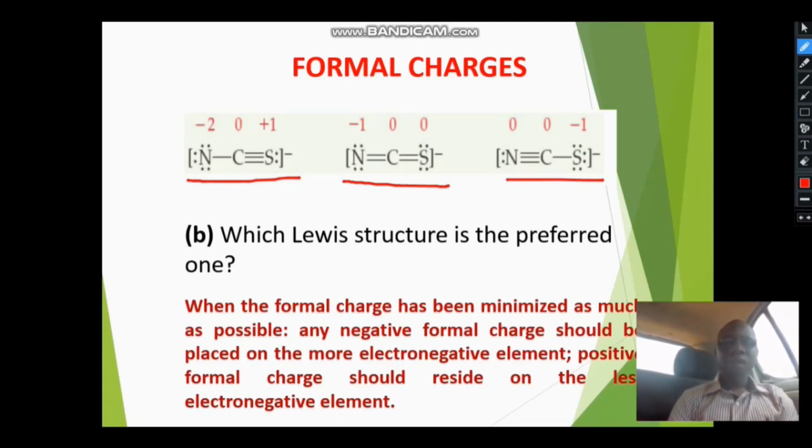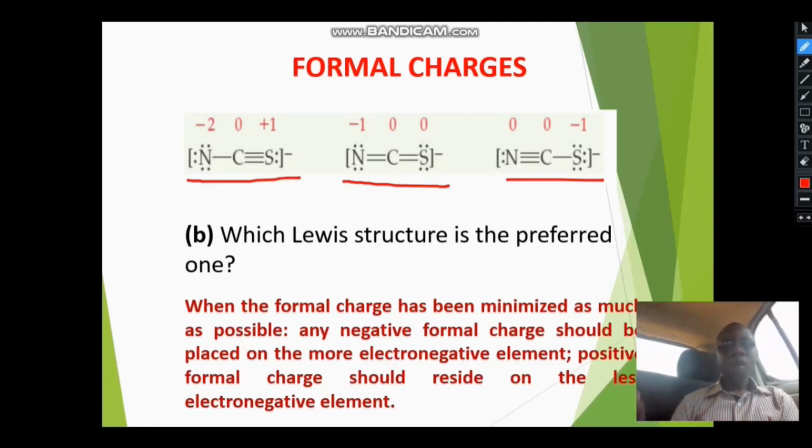B asks, which Lewis structure is the preferred one? We have these 3 possible Lewis structures. Only one structure is preferred among these 3. Now, what guides us to answer which structure is the best?